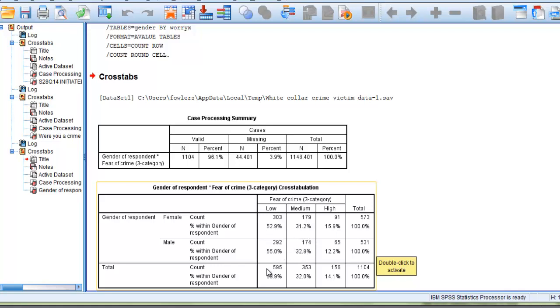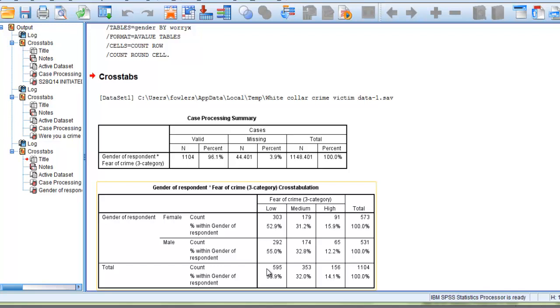So when you only see a 2 to 3% difference between categories like this, you're not really looking at strong evidence that there is a difference between men and women in fear of crime based on how it is here. So based on the results found in this table, I would say that there's very little support that women have more fear of crime than men.